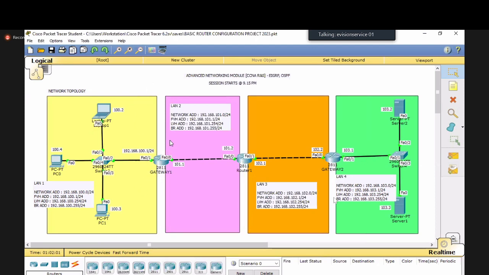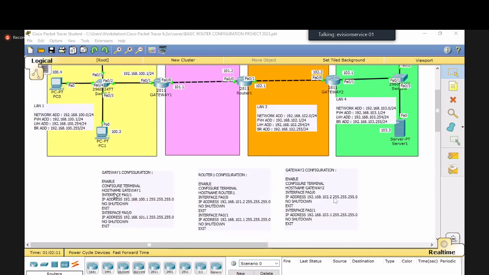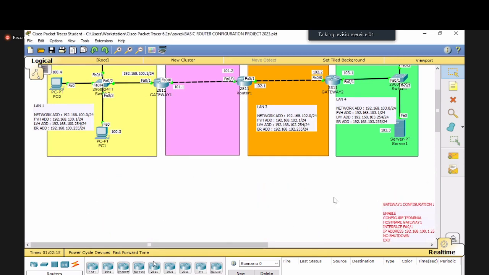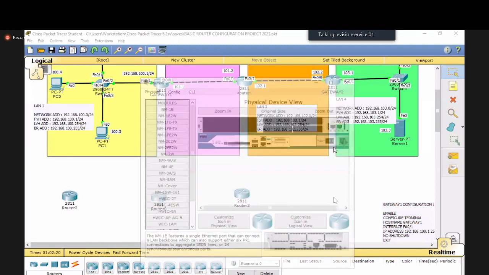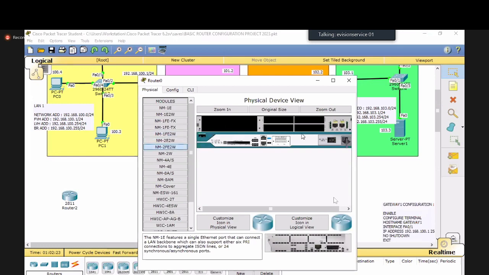So what we always do is mix up routing. When we do EIGRP, we also do static routing plus default routing. So again, our same topology comes up with one router here, another router over here, and this router is getting connected with this gateway 1.